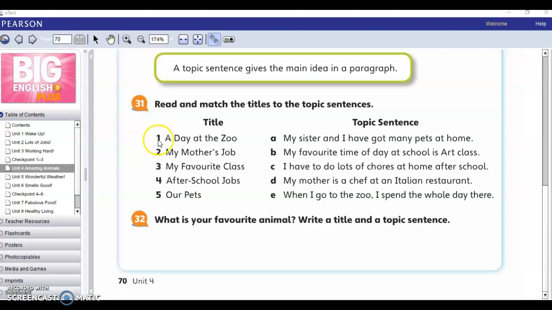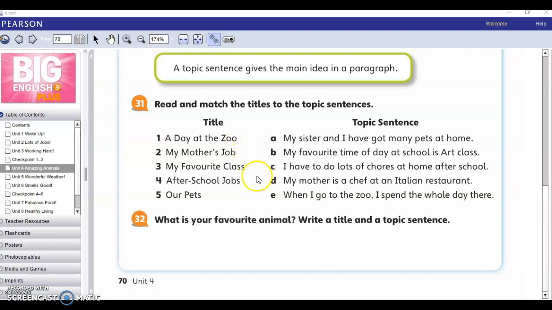So, number 1, a day at the zoo. We focus on the keywords here. The word zoo is an important word. And we have a day at the zoo, which means that this is about a visit to a zoo by a child.